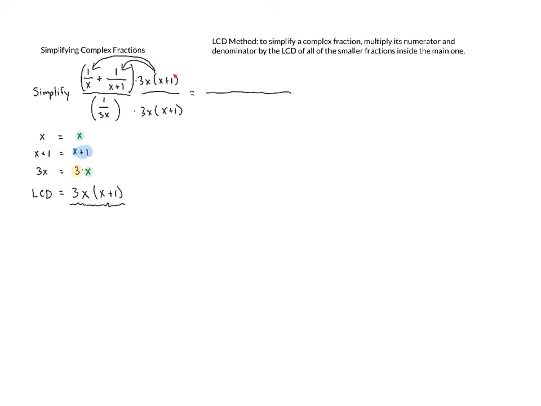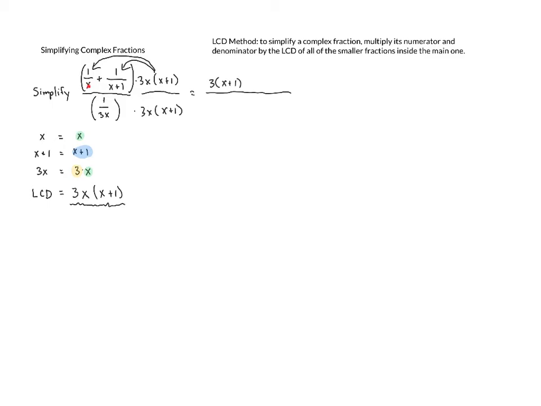Here we have one thing that's going to cancel, specifically x, because we've got an x in the denominator and an x on the outside. So those x's are going to cancel, and we're going to be left with 1 times 3 times x plus 1, and 1 times 3 is 3, so that's going to be 3 times x plus 1.